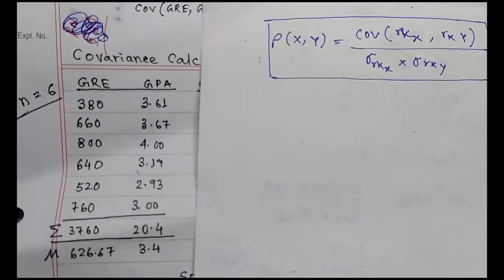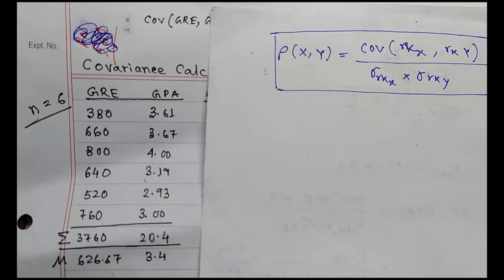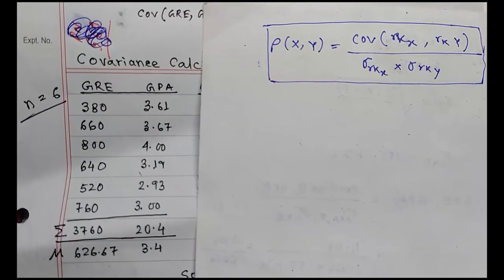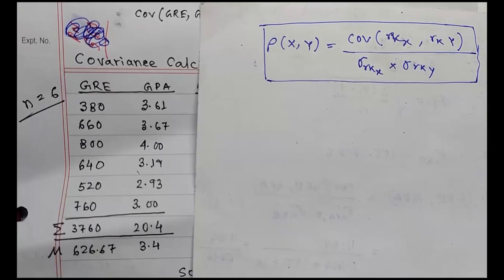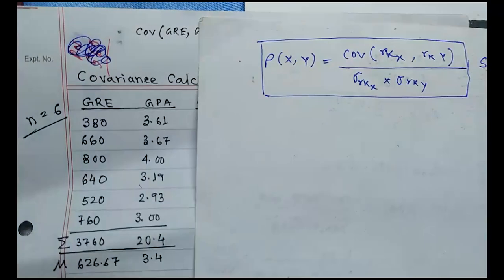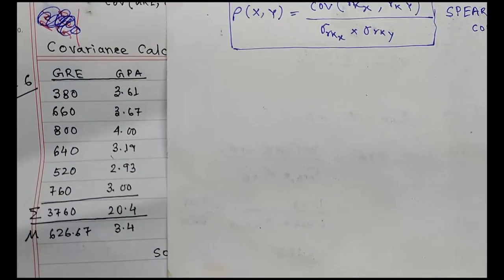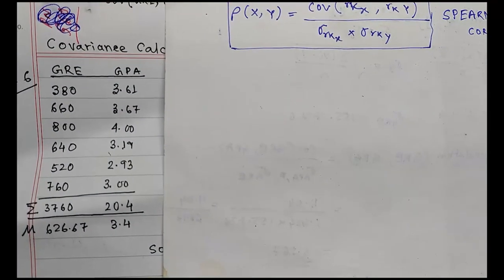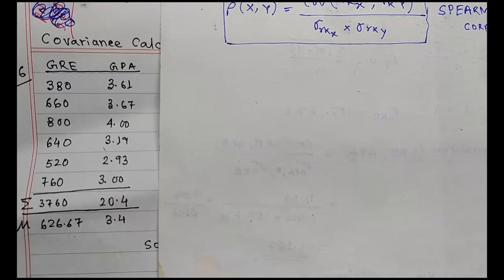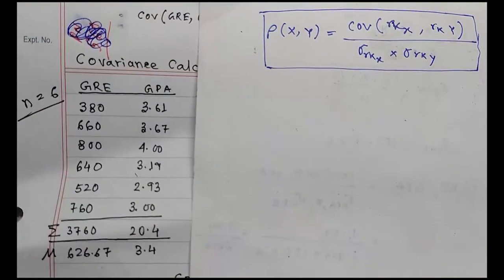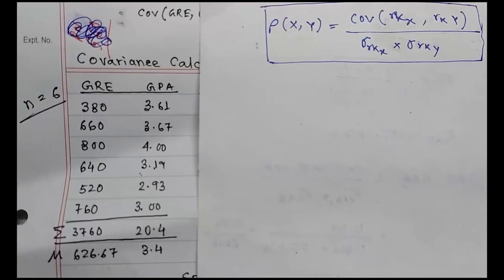If I want to find out rho of GRE comma GPA, then first I need to find their ranks. Ranks mean I will arrange GRE and GPA in ascending order.